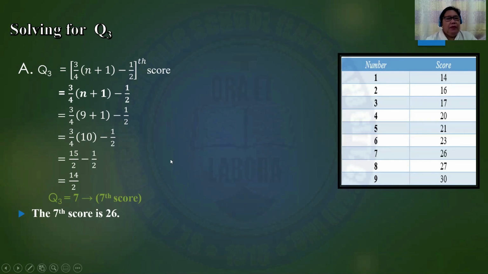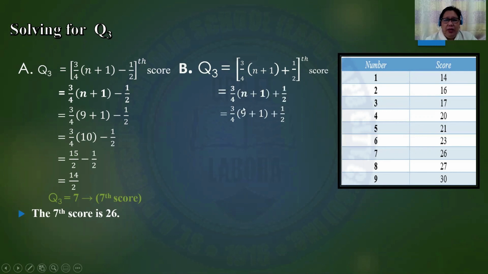Then we need to solve for the quartile 3 using this formula. So substitute 9 to n, then add 1, it's 10. 3/4 of 10 plus 1/2. And 3 times 10 is 30 over 4. So it's 15 over 2. 15 plus 1 is 16.